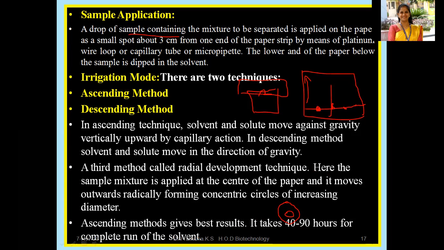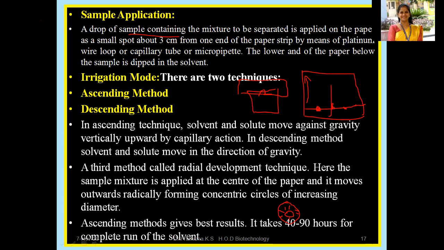The sample mixture is applied at the center of the paper and it moves outward radially, forming concentric circles of increasing diameter. It will go on increasing.